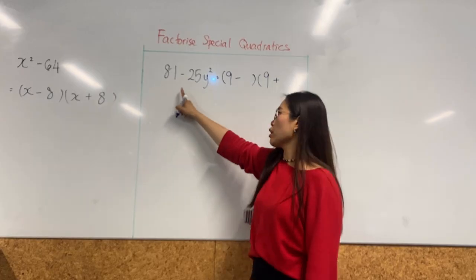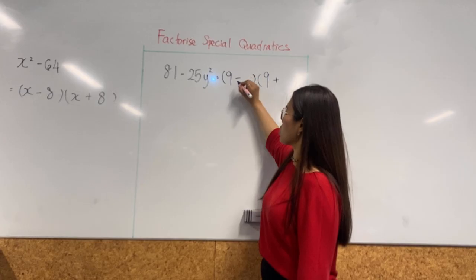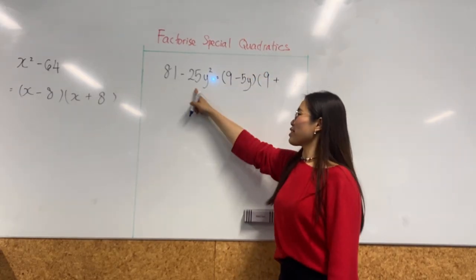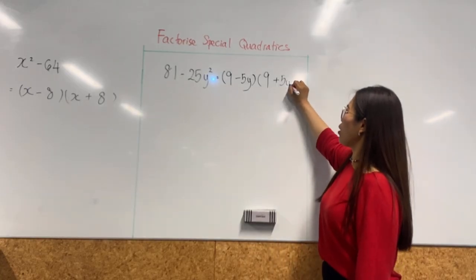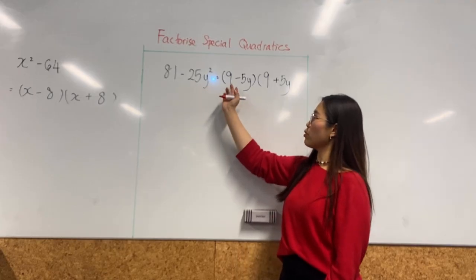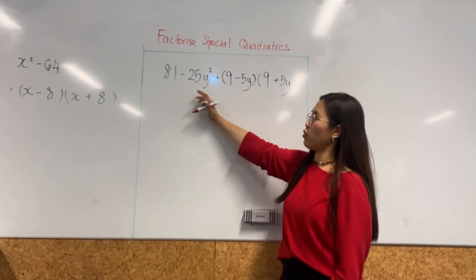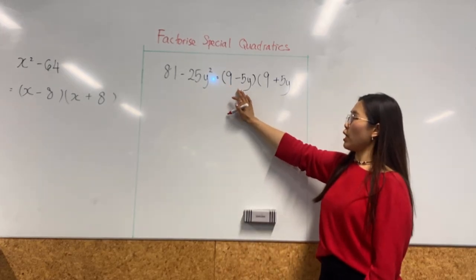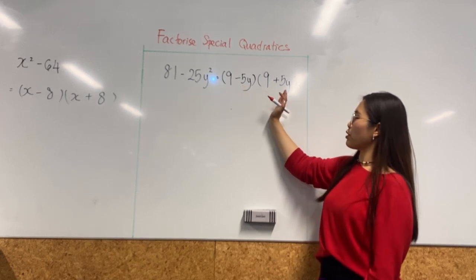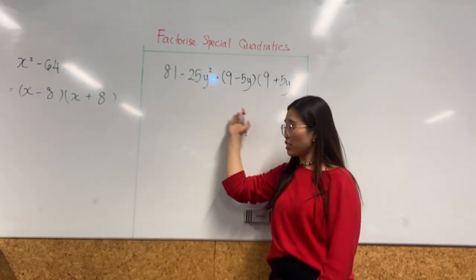The square root of 25y squared is 5y. So 81 minus 25y squared gives you 9 minus 5y, 9 plus 5y, okay? The negative 5y times positive 5y gives you negative 25y squared. So that's easy, straightforward.